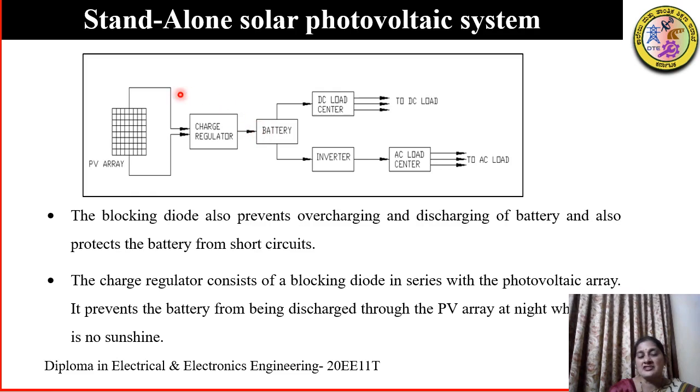This is stopped by the charge regulator. So the battery is a very important component of a standalone system. But batteries have a main problem: they require regular maintenance and also replacement as the battery life is very short. Moreover, because of the presence of the battery, the initial cost of the system goes higher. So these are the problems faced by a standalone system.